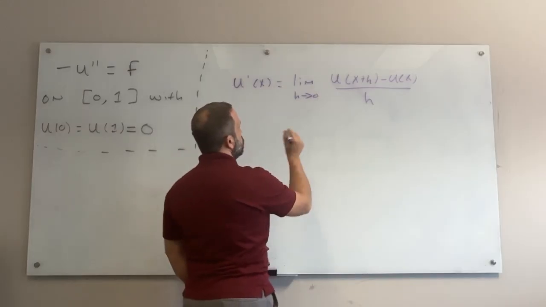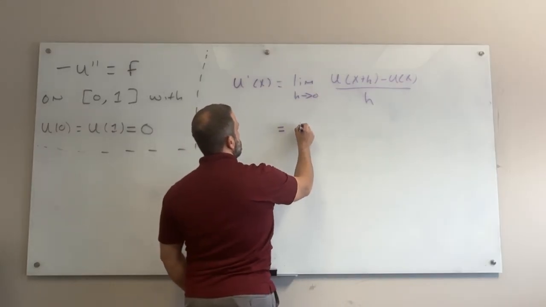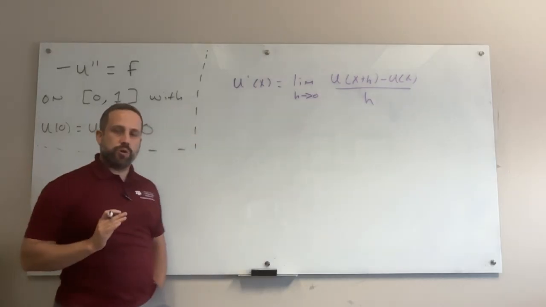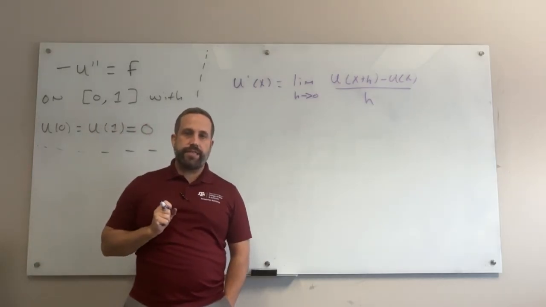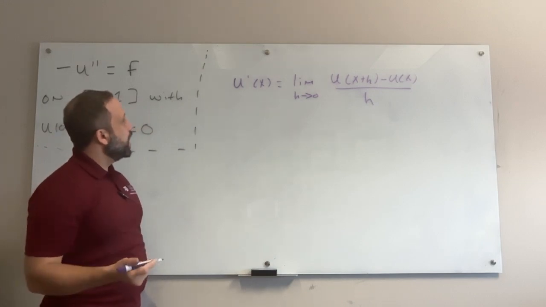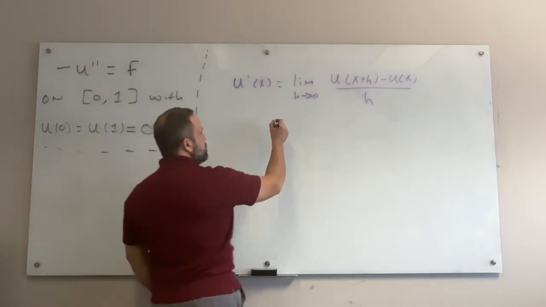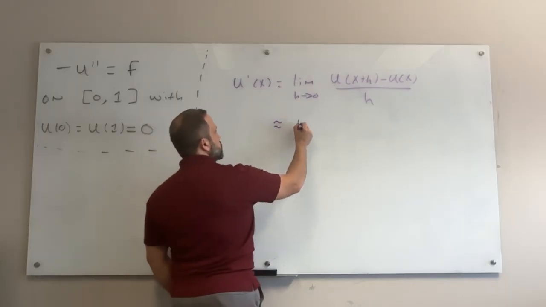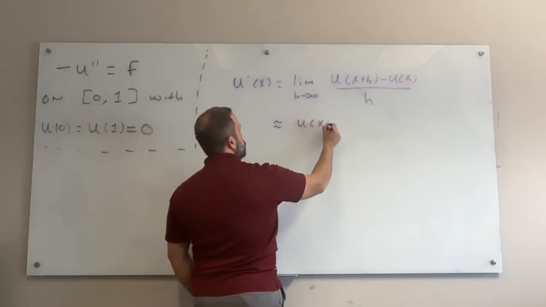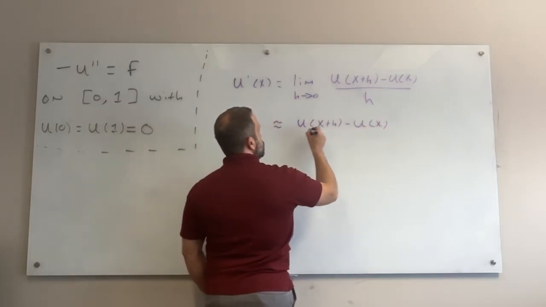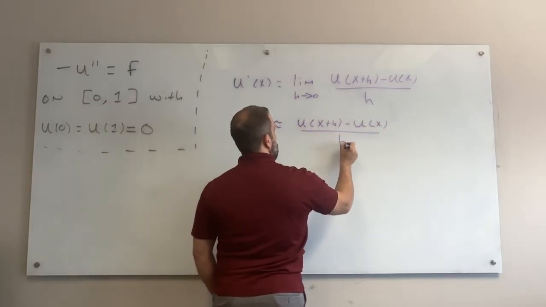We can also write this as, well, okay, we're just going to look at it like this. This is sort of the fundamental definition of a derivative, u of x plus h minus u of x over h. And so one thing that we could do, just immediately see then, is that if h is small, this is going to be approximately equal to u of x plus h minus u of x divided by h.